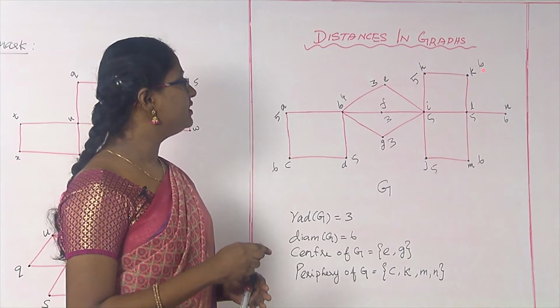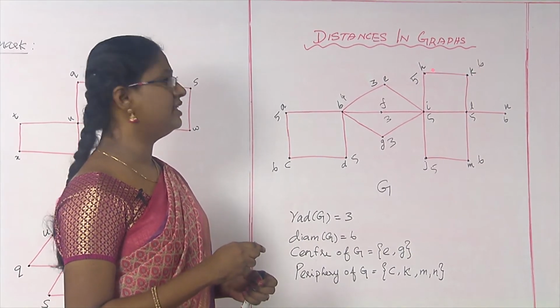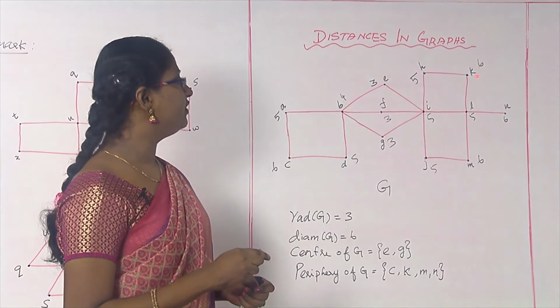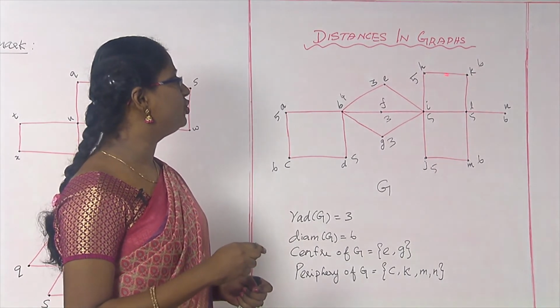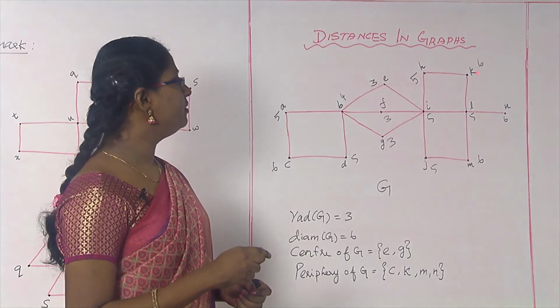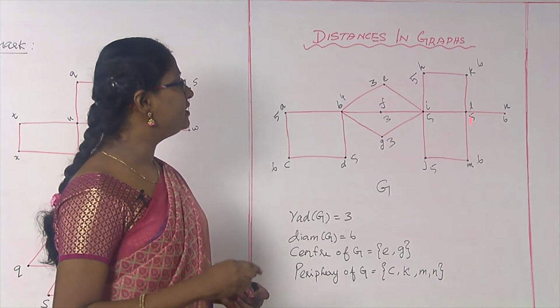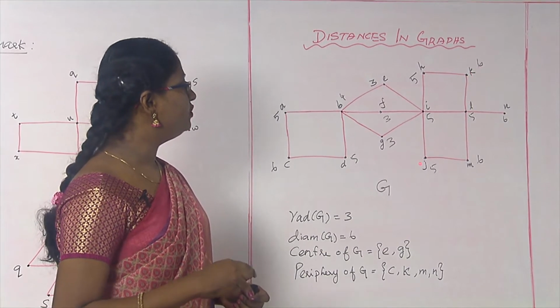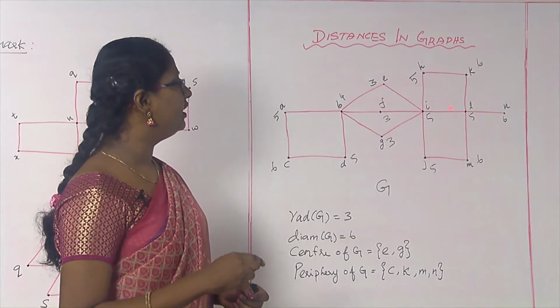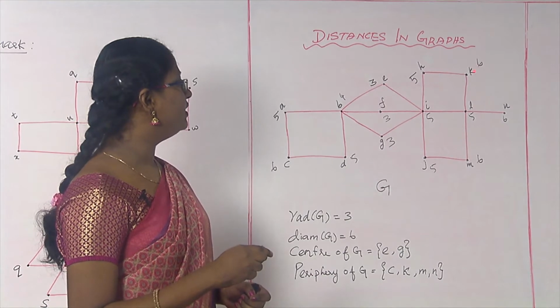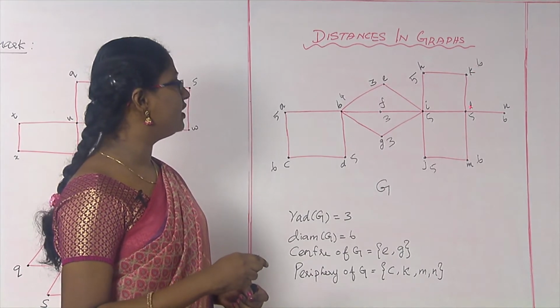So, here the distance from K to H is 1 and the distance from K to I is 2, the distance from K to L is 1, K to N is 2, K to M is 2 again, K to J is 1, 2, 3, and then you have to find the distance between K to F, that is 1, 2, 3.